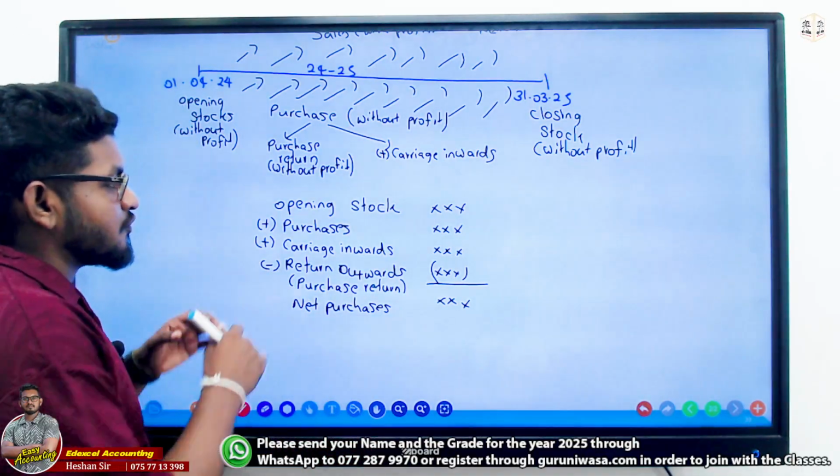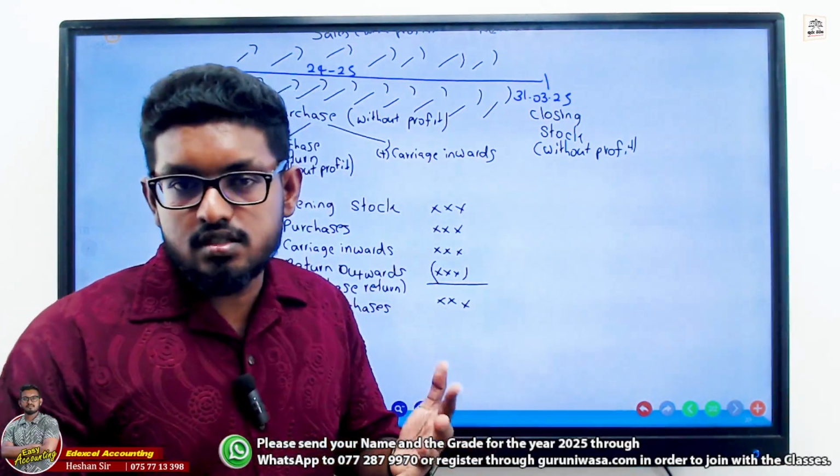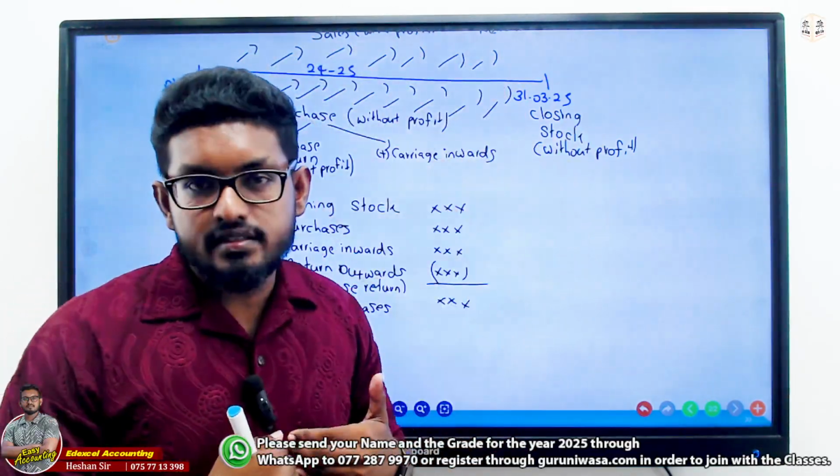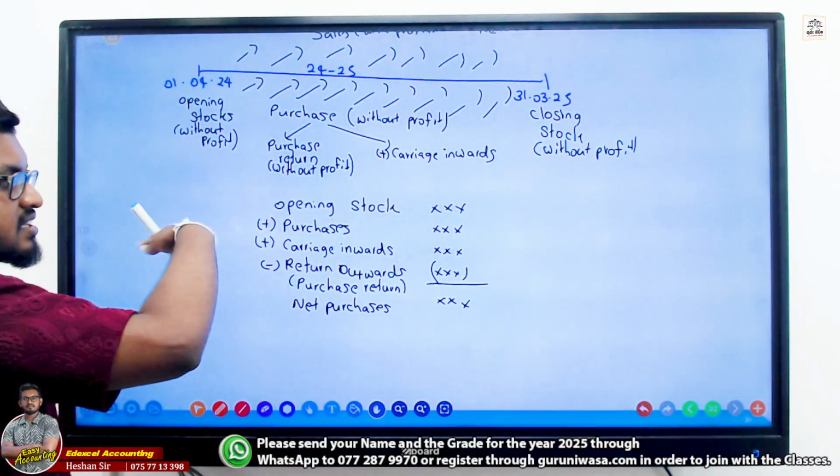So how to calculate the cost relevant to the sold goods? First we take the opening stock, and to that we add purchases and carriage inwards.